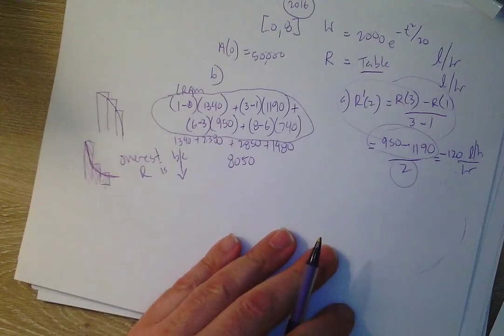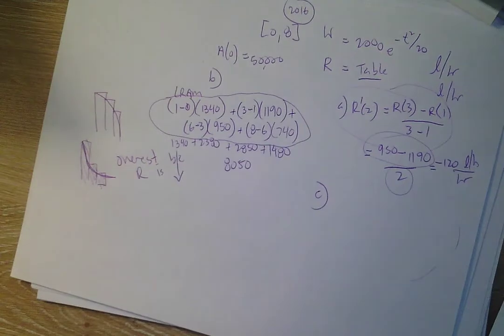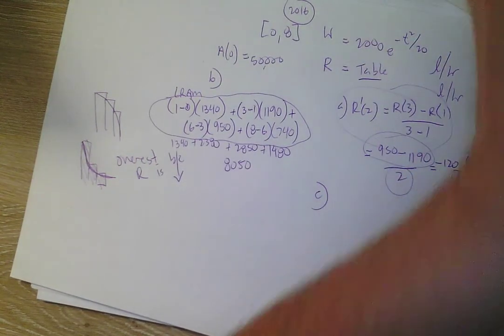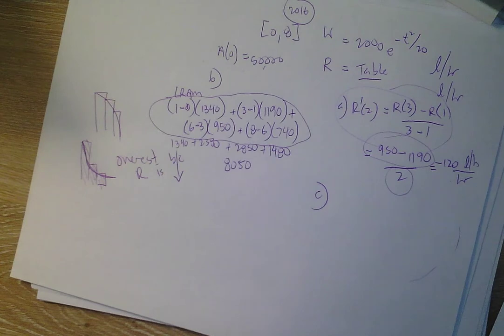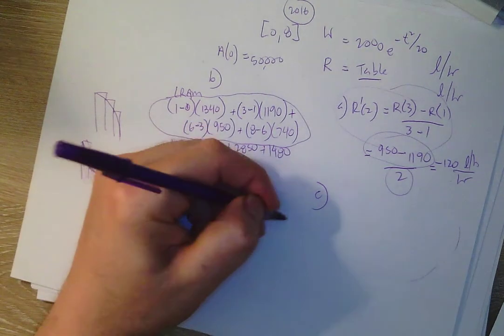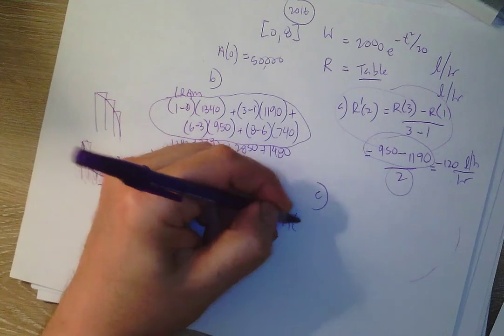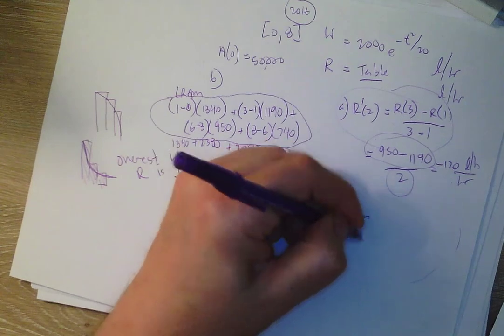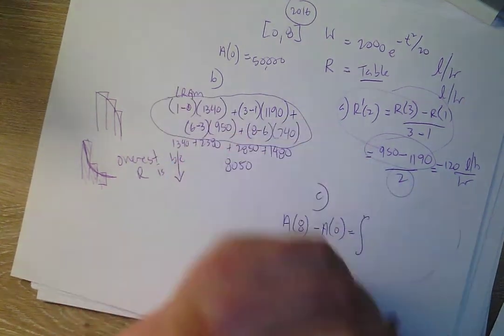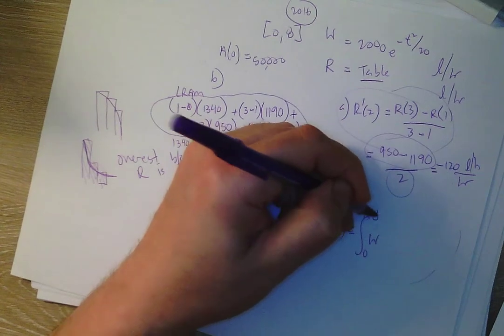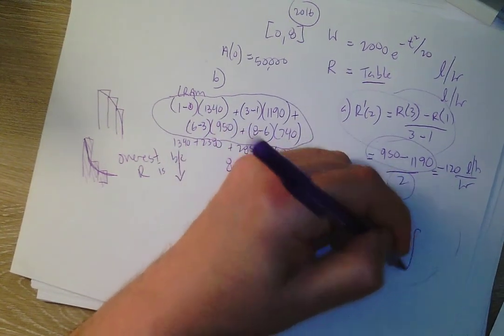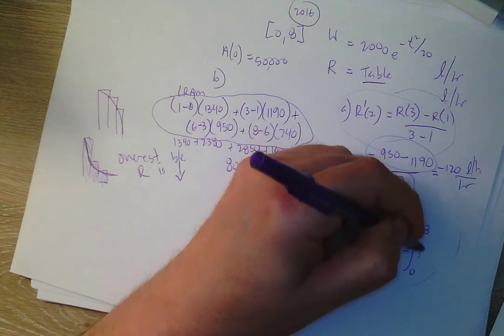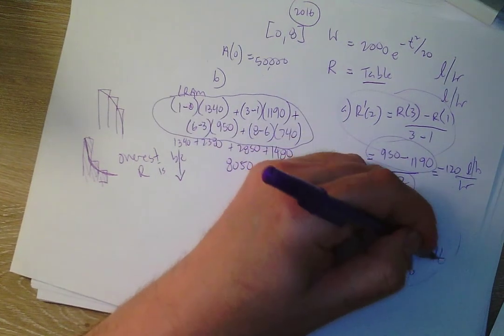Okay, part C. C says, use your answer from part B to estimate the total amount of water in the tank at the end of 8 hours. Well, amount at 8 minus the amount at 0 equals the integral of what entered from 0 to 8 minus the integral of what left from 0 to 8.